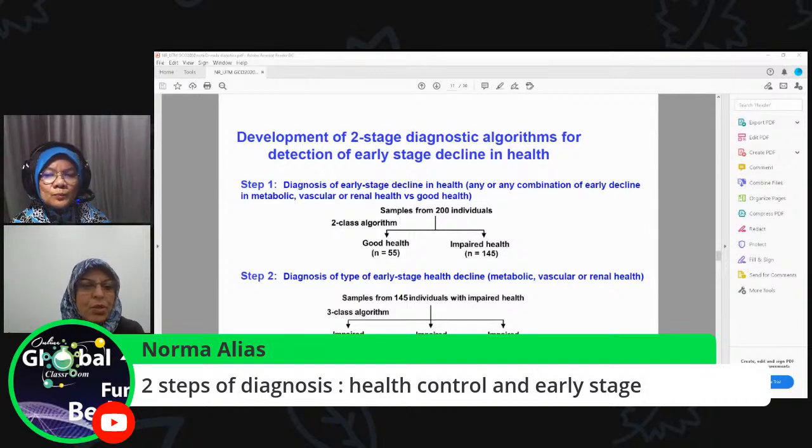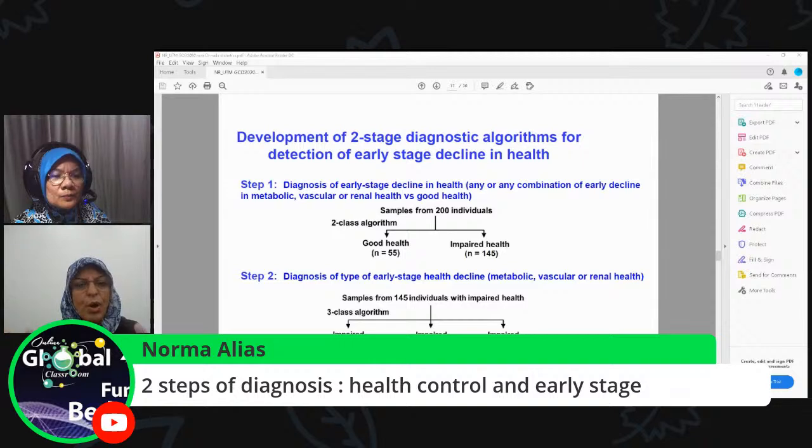And what we wanted to first see, because the impairment of health was at a very early stage, is that at that stage there is no test. It's just a person tells you, I'm not feeling very well, and only if they're lucky, they go and have a test done. So we wanted to see if we can separate healthy from impaired first. That was the first step.